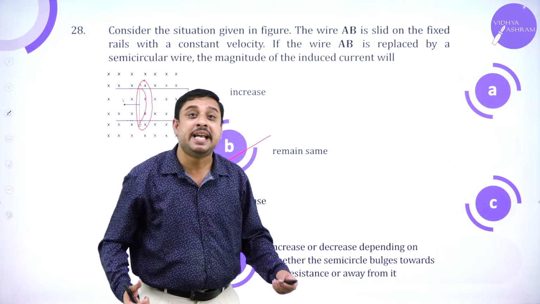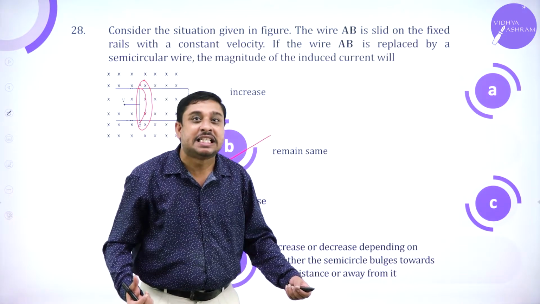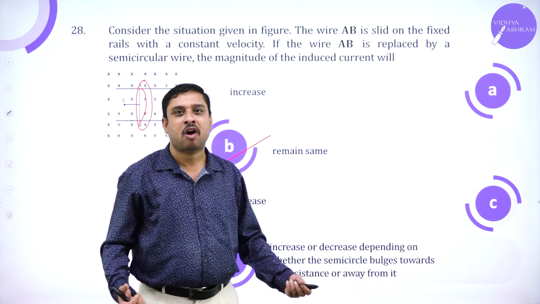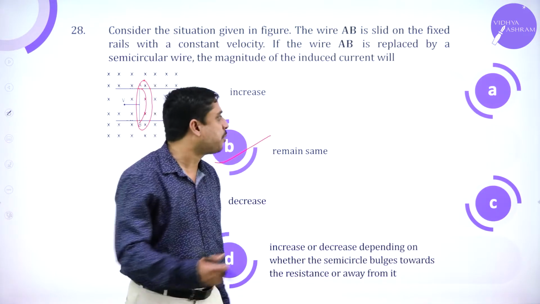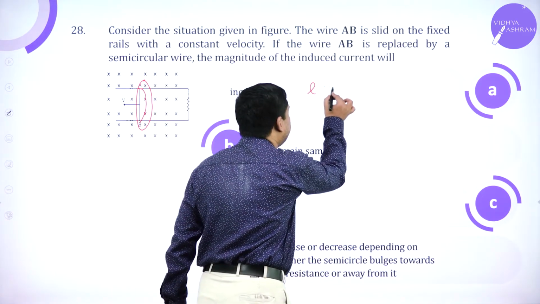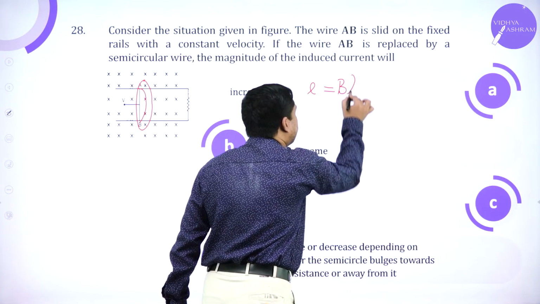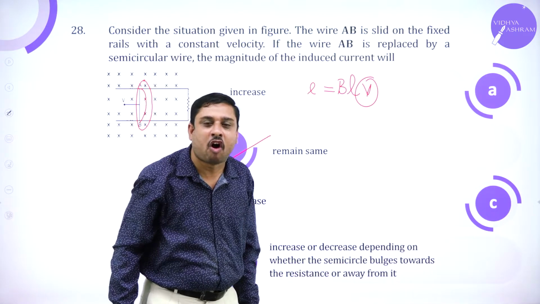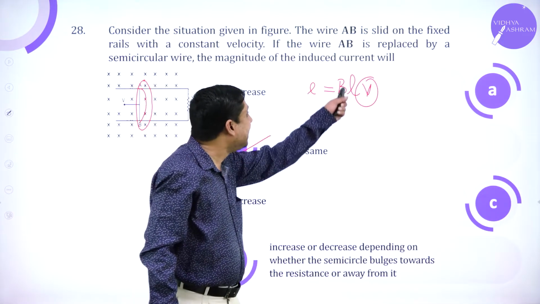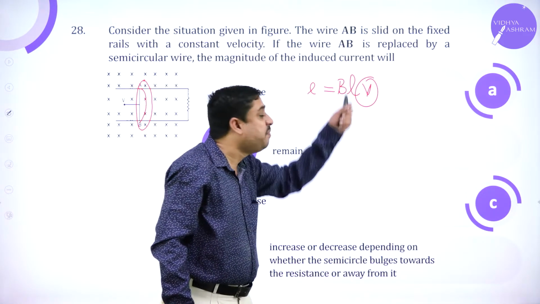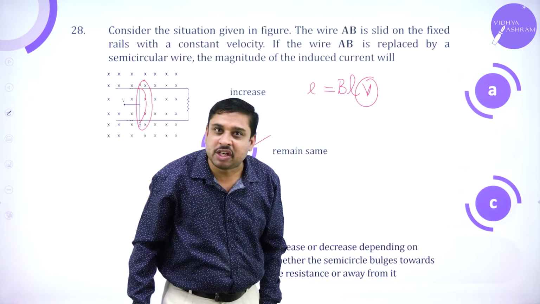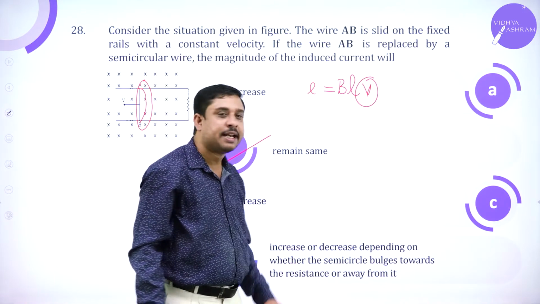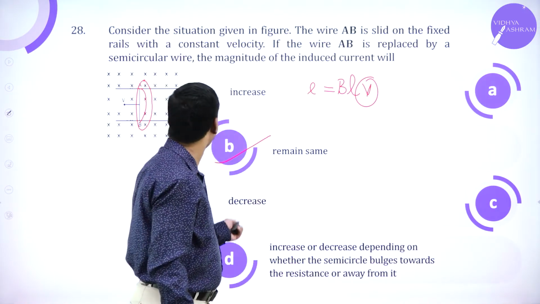It is independent of the shape of the conductor, either a wire or a semicircular portion. We wrote E equals B L V. However, the problem says constant velocity. Here it depends only on the length, which is nothing mentioned here. So very clearly the current remains the same.